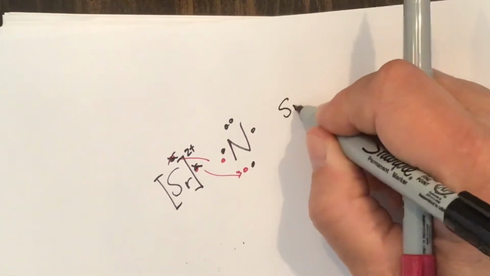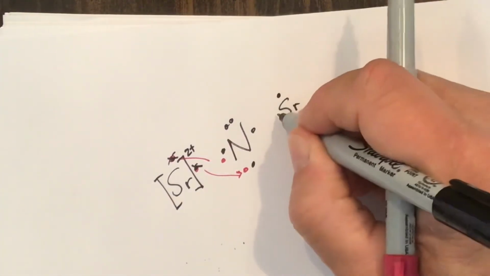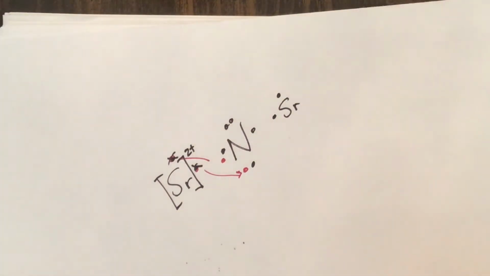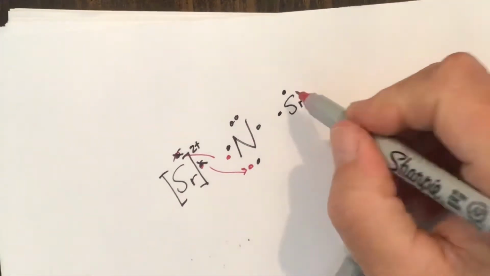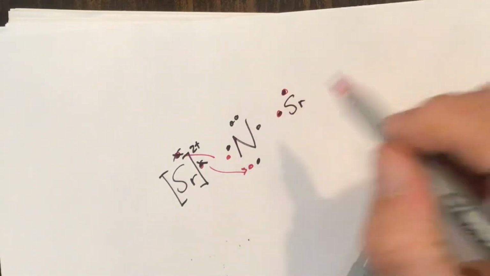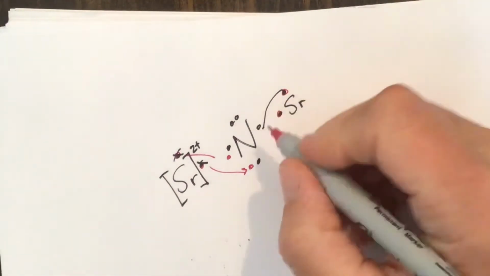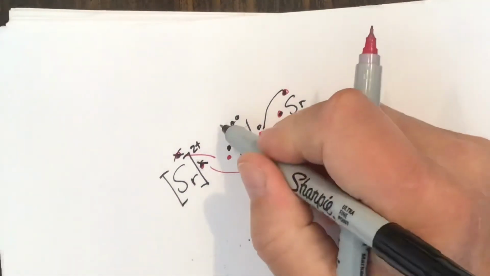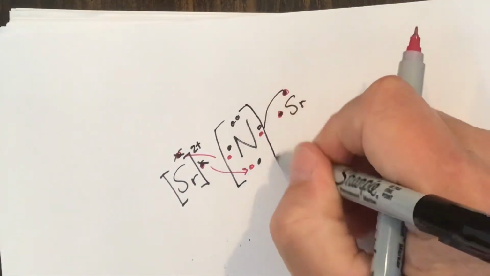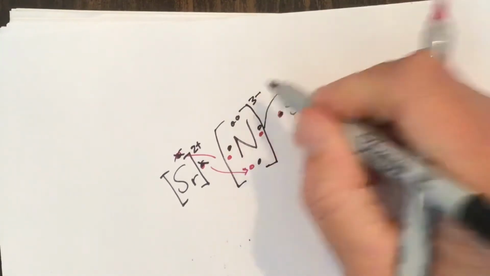But nitrogen needs another electron. So let's get another strontium out there. So here's another strontium with its 2 valence electrons. And so this one's going to go there. Now our nitrogen is all filled up, and it has a -3 charge.